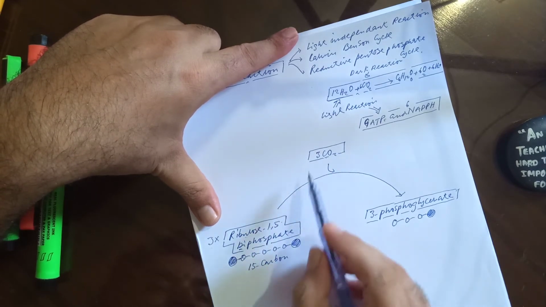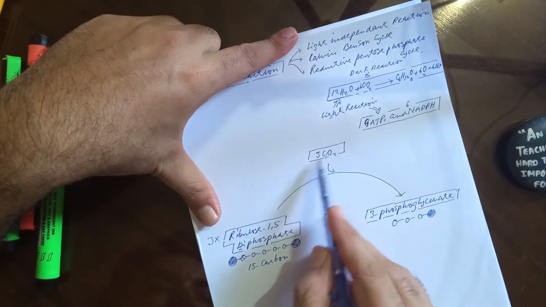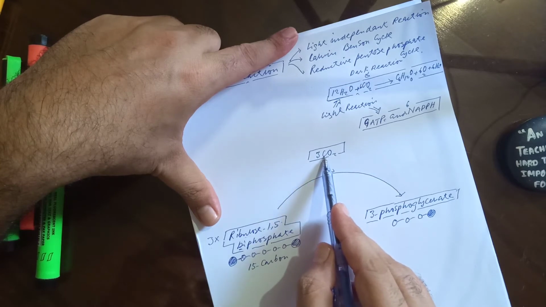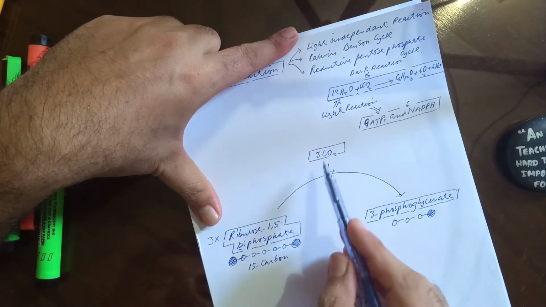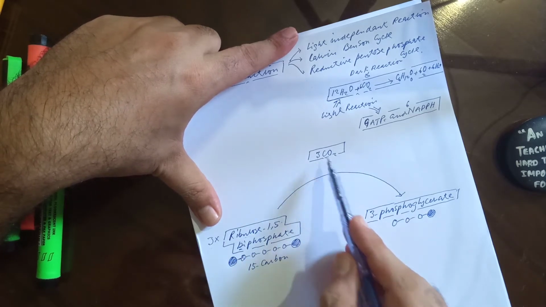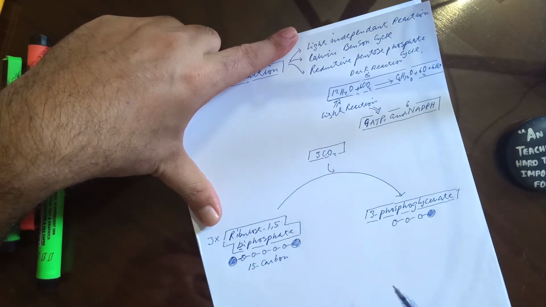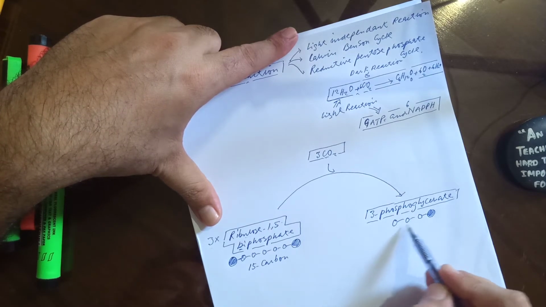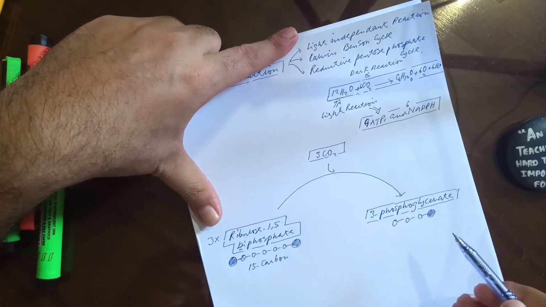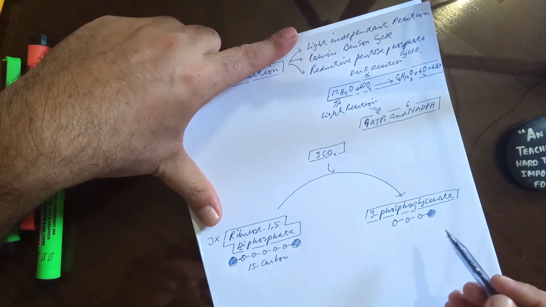This is just 1 carbon in each molecule. So each 1 molecule of ribulose 1,5 bisphosphate interacting with 1 carbon dioxide, suddenly there is going to be 6 carbon in the structure. But the 3-phosphoglyceric acid has only 3 carbons. Where have these other 3 carbons gone?